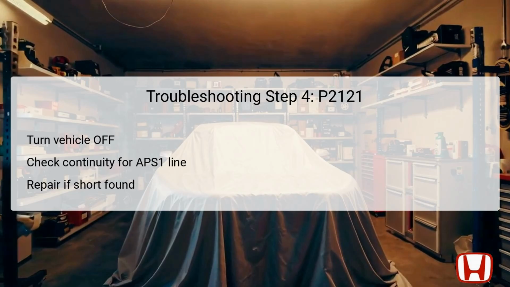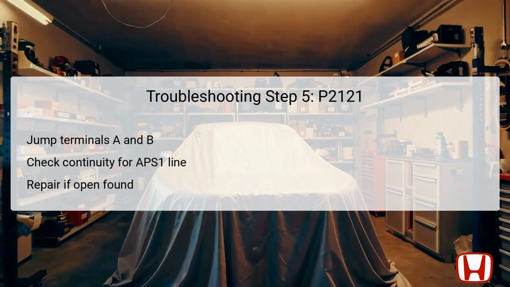This step specifically assesses the APS1 line for potential shorts that may affect voltage readings. If continuity is found between the specified test points, it indicates a short in the APS1 wire that requires immediate repairs. If no continuity is detected, it suggests that the APS1 wire is intact, leading to the next troubleshooting step.